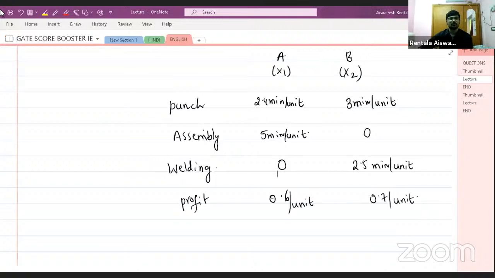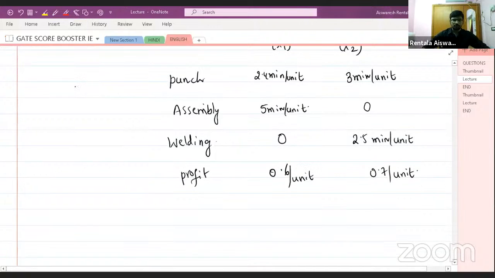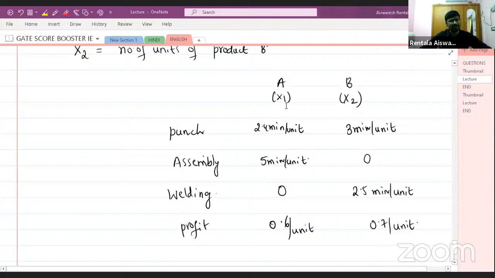Now we can say that it is a maximization problem. Why is it a maximization problem? Because profits are involved, and we are always interested in maximizing the profits. Per unit profit is given. How many units of A we are interested in manufacturing, we don't know, we have to decide. Say X1 number of units.